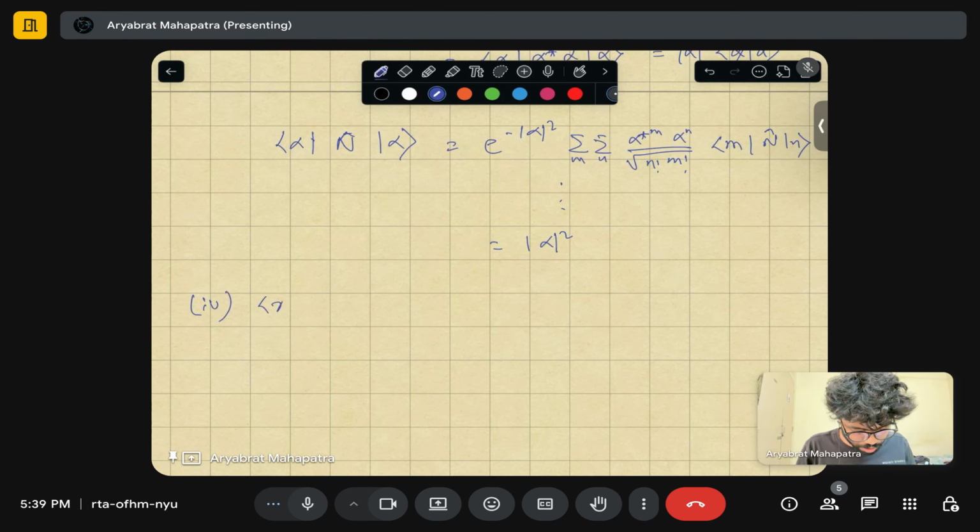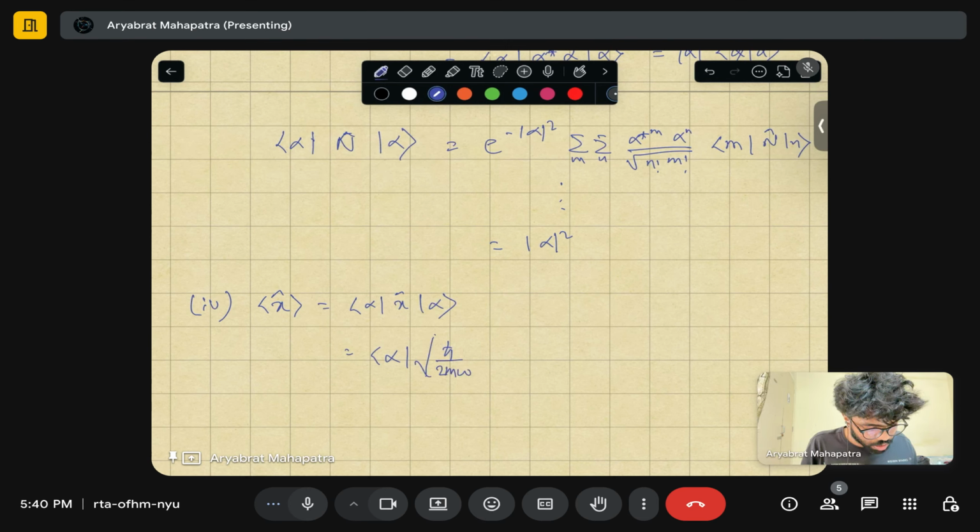First maybe we can see the expectation of the position operator. Just like how we saw the expectation of the number operator, the same way you see the expectation of the position operator in the coherent state. So alpha, position operator is defined as square root of h bar over 2m omega, a plus a dagger, alpha.